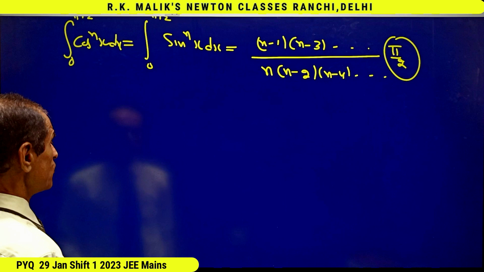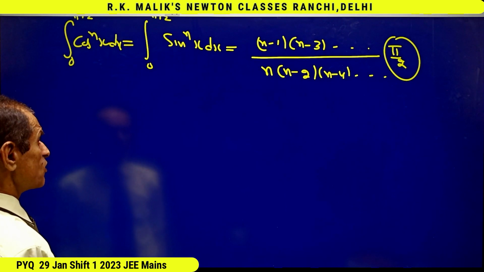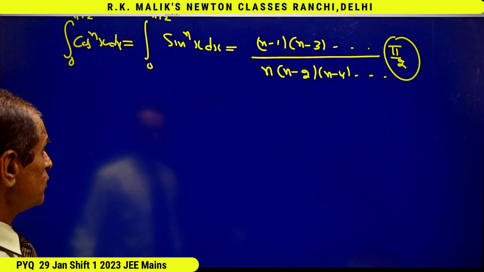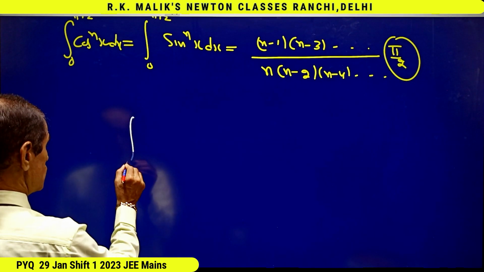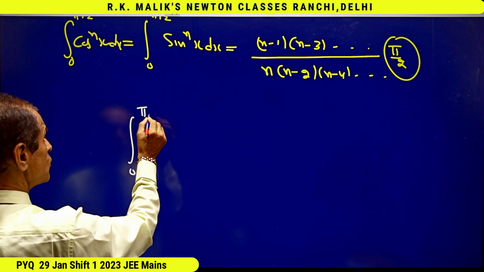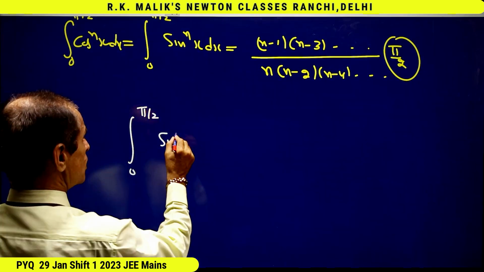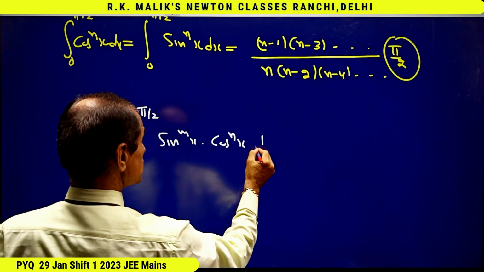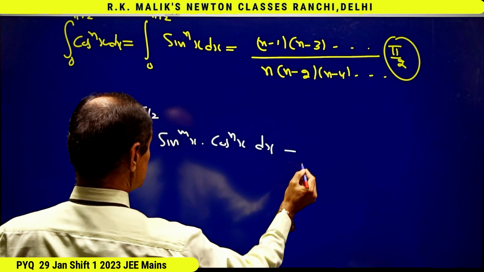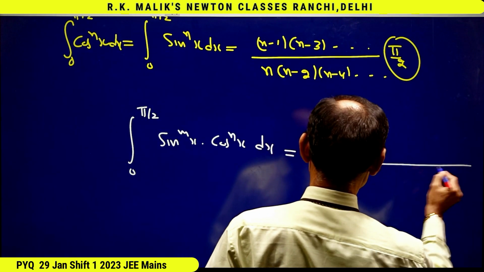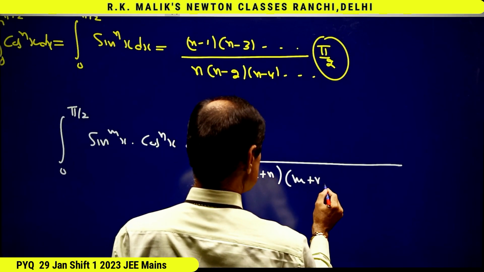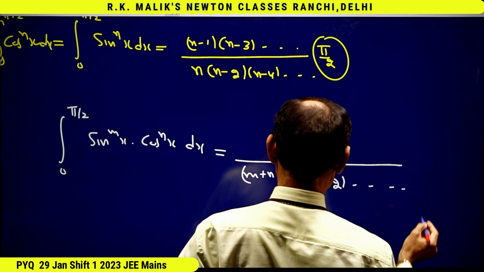And one more formula which is not being used in this question but is related to it, therefore I am telling you that also. The integral 0 to pi by 2 of sin to the power m x into cos to the power n x dx is equal to (m minus 1)(m minus 3) and so on, into (n minus 1)(n minus 3) and so on, upon (m plus n)(m plus n minus 2) and so on.